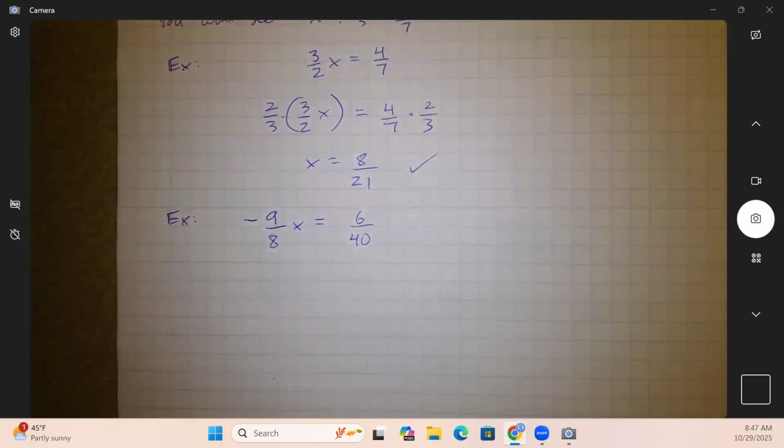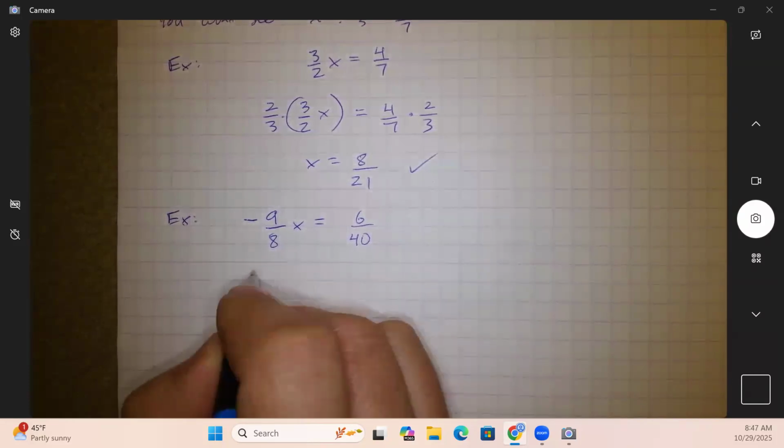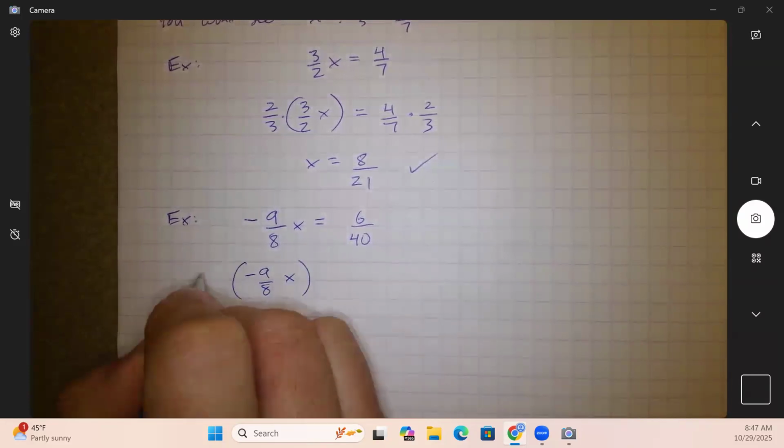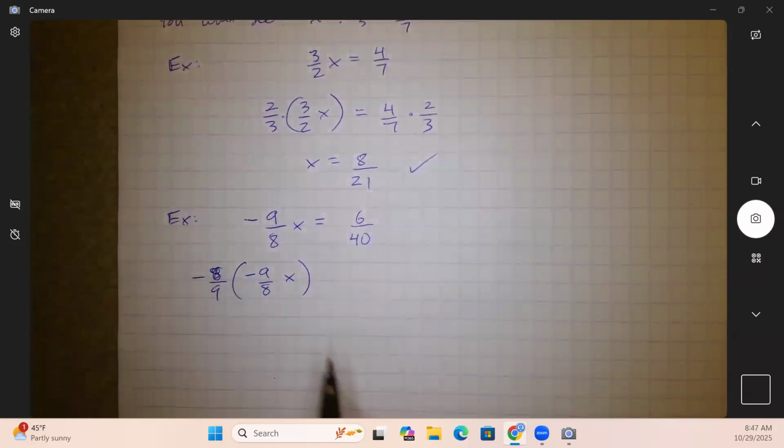What's the reciprocal of negative 9/8? 8 over negative 9. Yep. And often we just write it with the minus sign somewhere, because we don't care where the minus sign goes, because a minus is a minus.